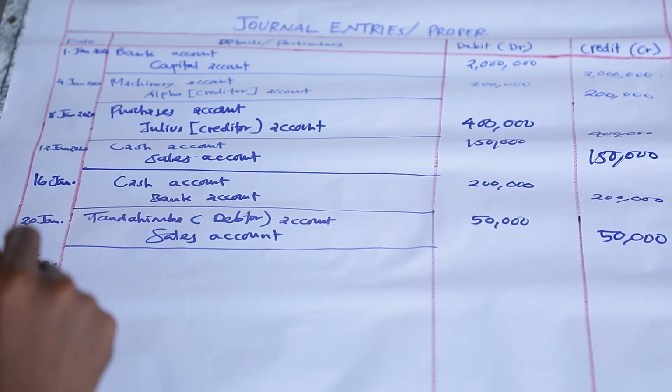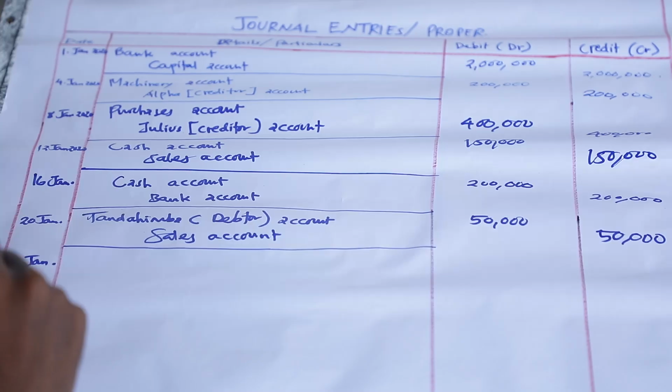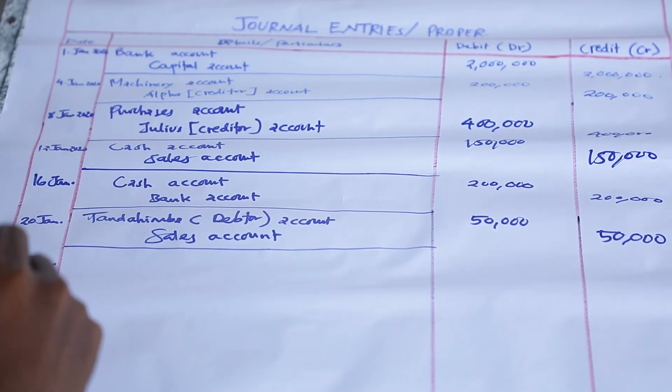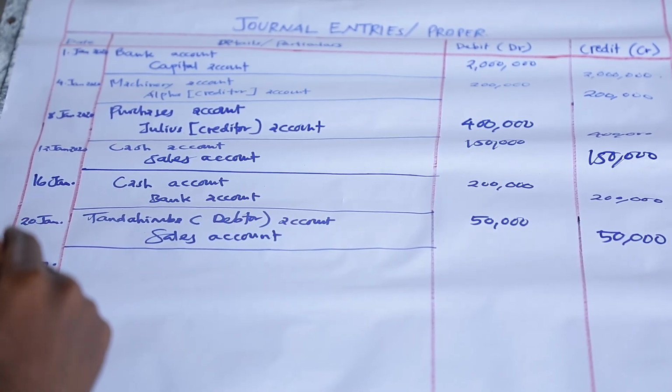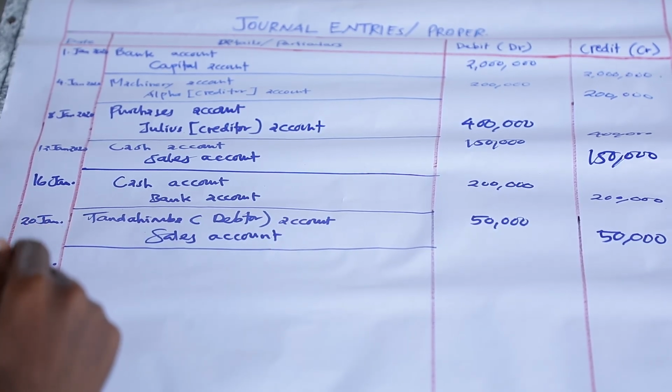We're going to have the purchases returns account, or return outwards, and we're going to have the accounts payable account, or the creditors account. So here you bought goods from Julius on the 8th, but today you have returned them.